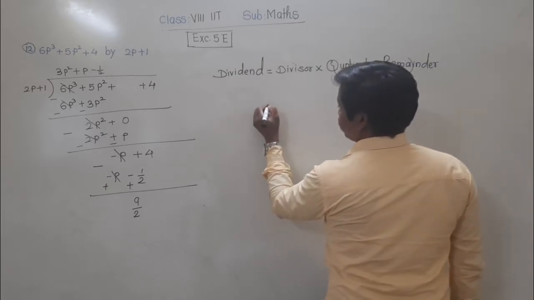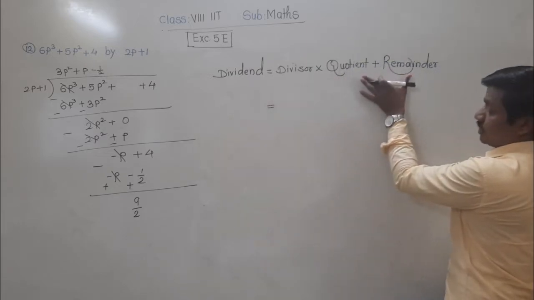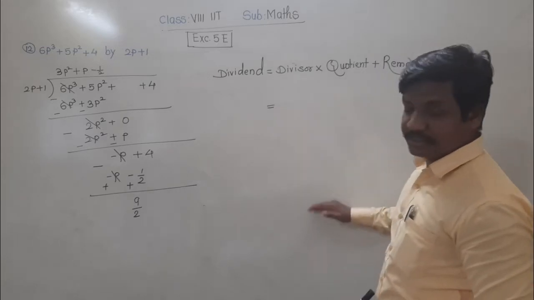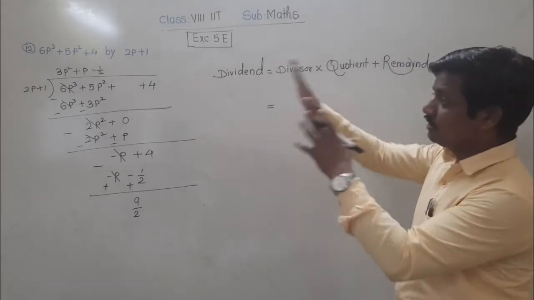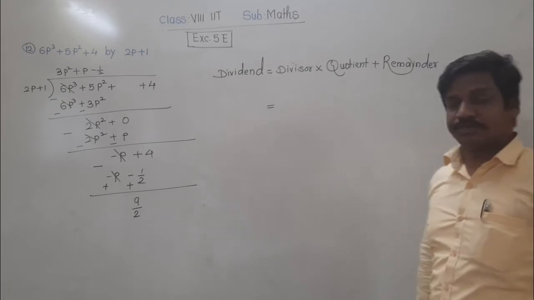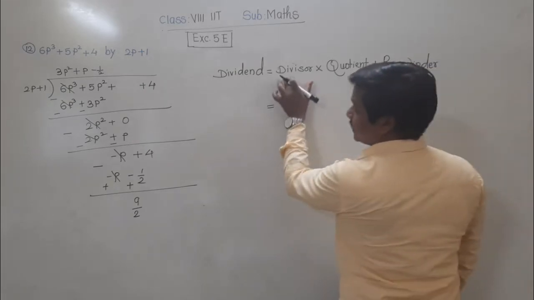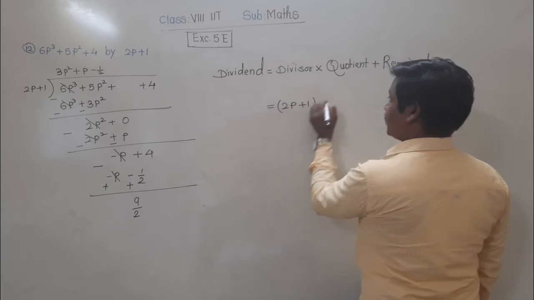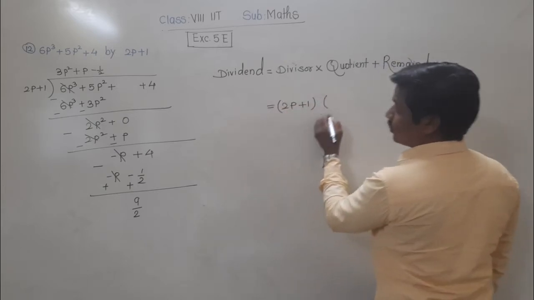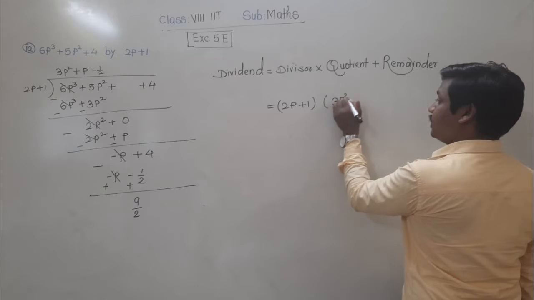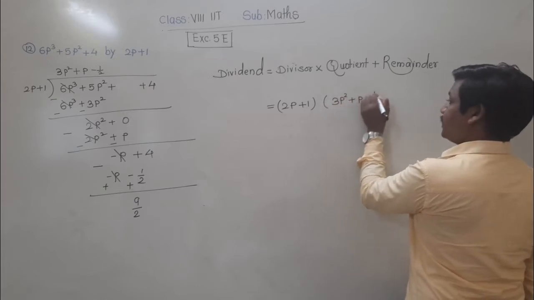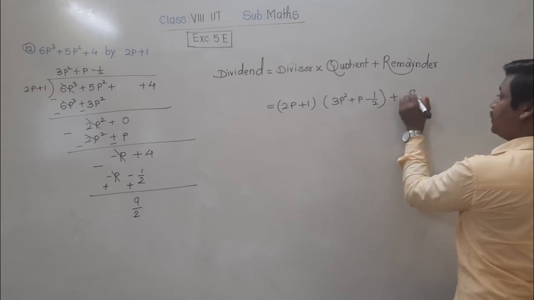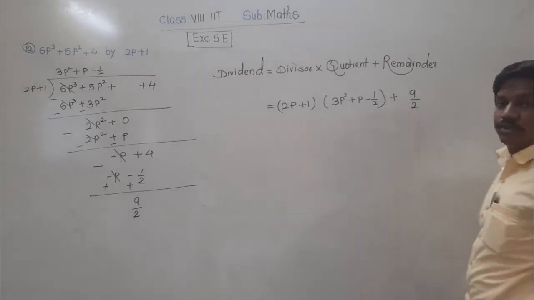Now see, if on the right side we get the dividend as the answer, that means our operation and our process is correct. So what is the divisor here? 2p plus 1 multiplied by the quotient we have got, 3p square plus p minus 1 by 2, plus the remainder, 9 by 2.